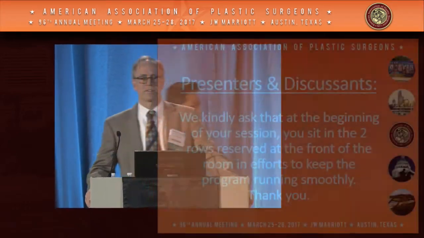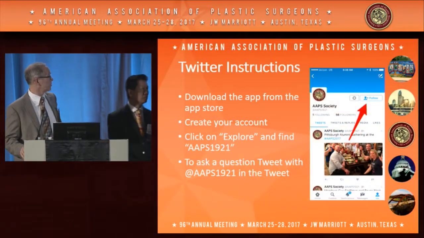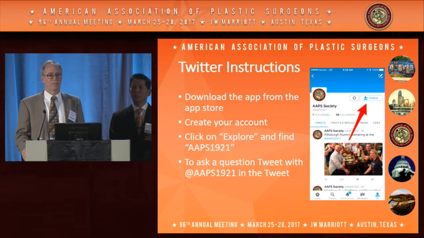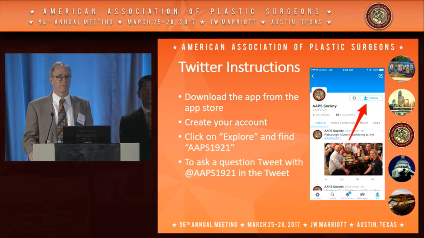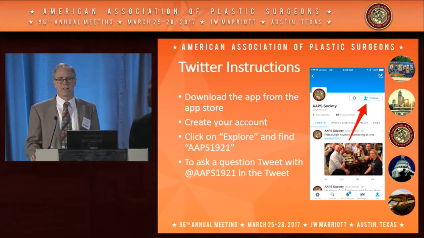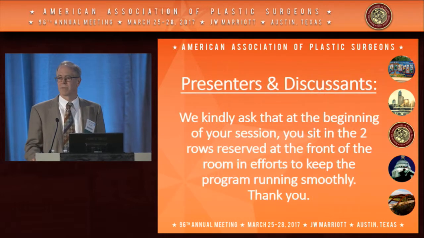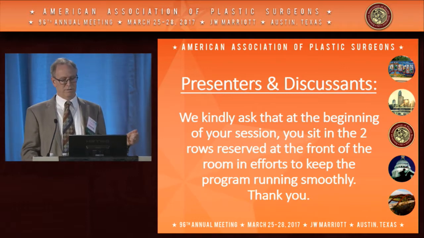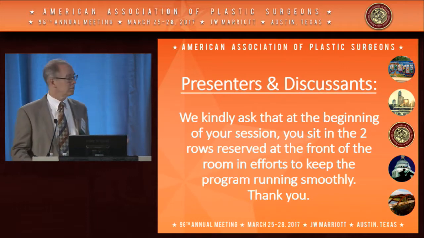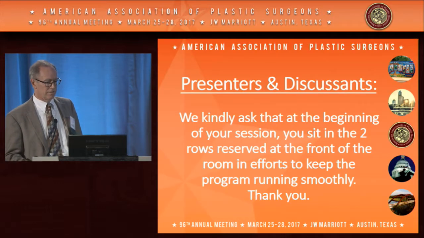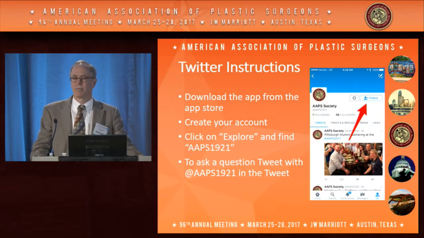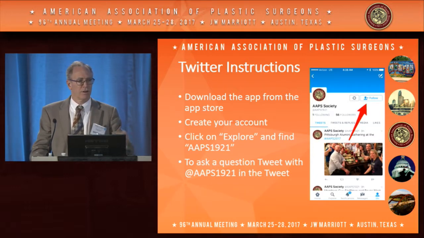This slide is going to be up more than once, so you'll get a chance to do this. What we really want to do is encourage you to ask questions through this, and this is going to be our technique. You have to download Twitter, or if you have Twitter, you have to find us on it. Go down to the bottom where you find the little search glass and click on Explore.